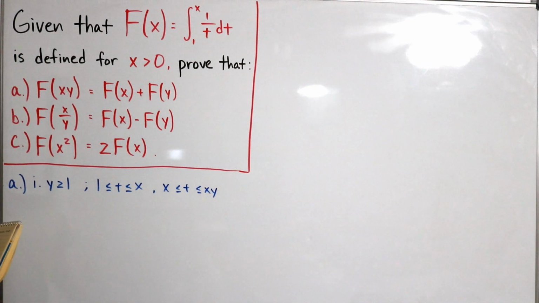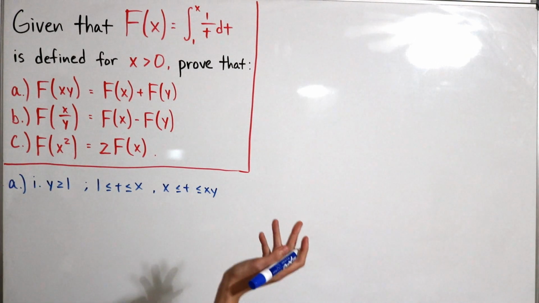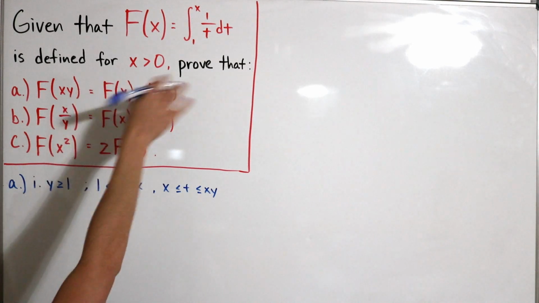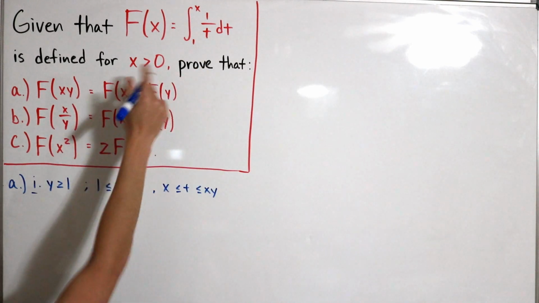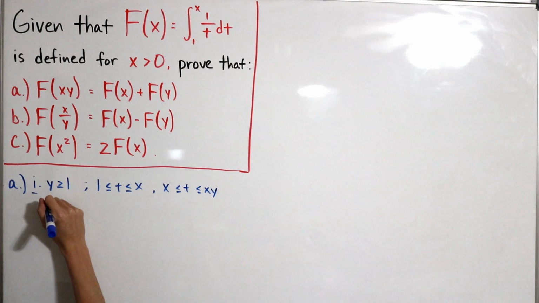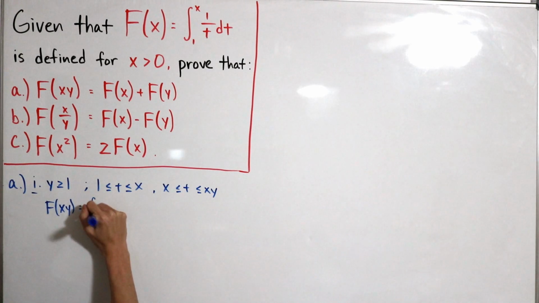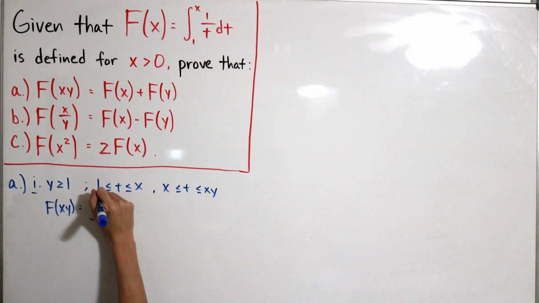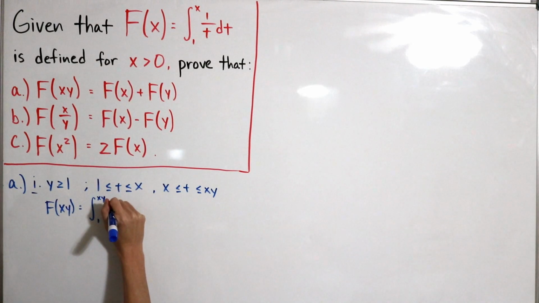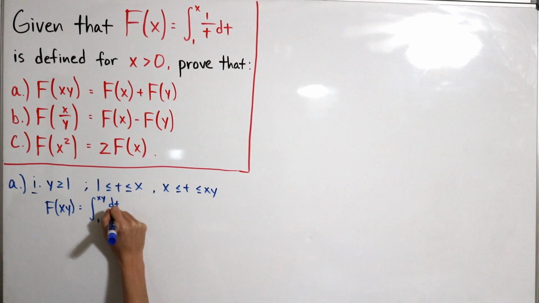With this, we can use the idea of symmetries of integrals to write a new integral as a sum of integrals, and then eventually work our way to achieving the right-hand side. So we have capital F of xy. If we plug this back in, we have 1 up to xy as the upper bound of dt over t.